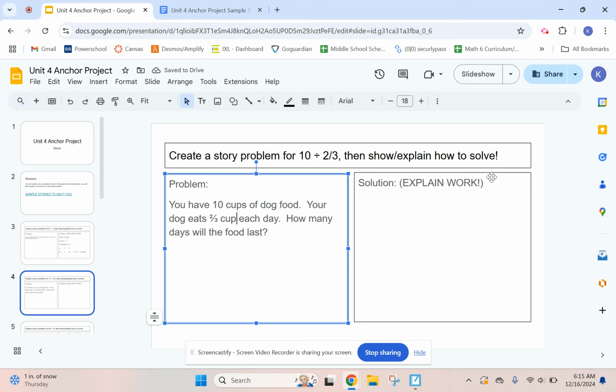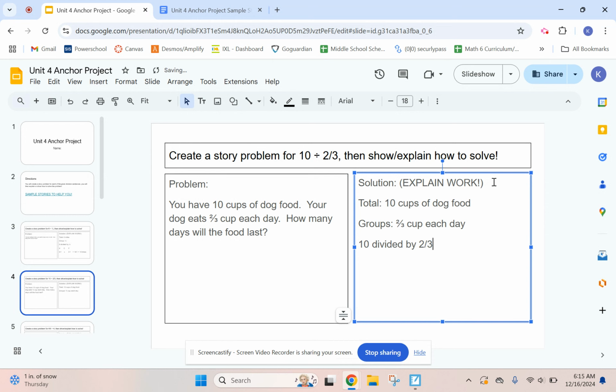That is our problem. All right, first thing we need to do is identify our total and our group size. Our total is the 10 cups of dog food. Our groups are the 2/3 cup each day. We are splitting up 10 into groups of 2/3. So that means our division sentence will be 10 divided by 2/3.